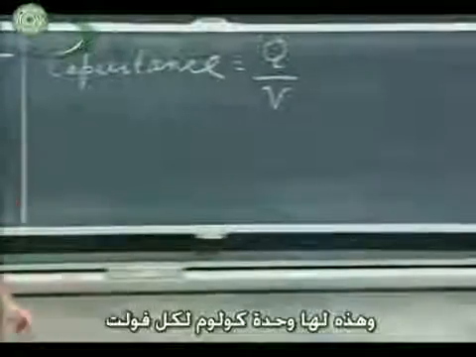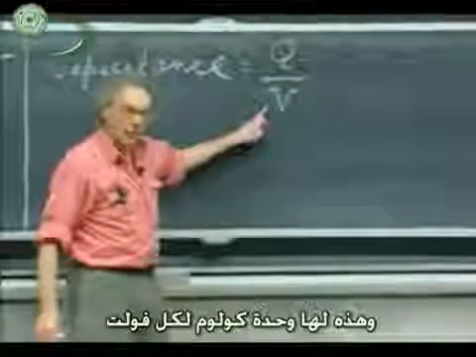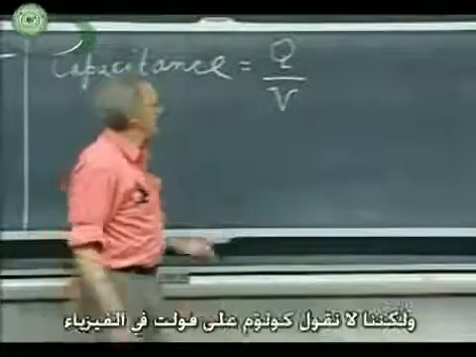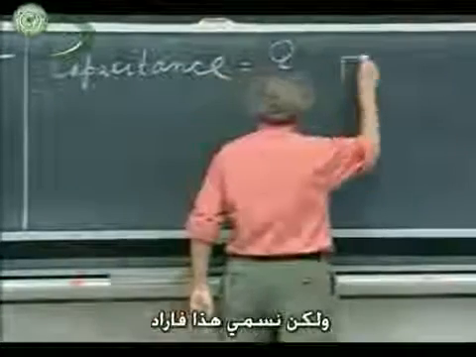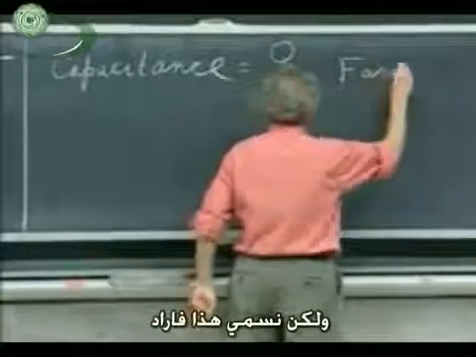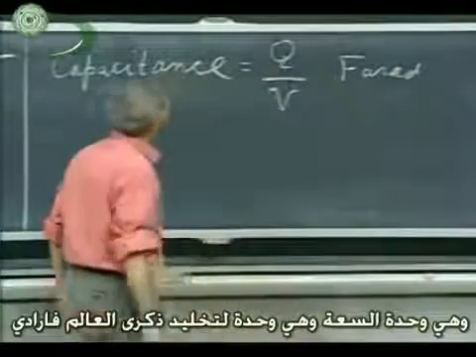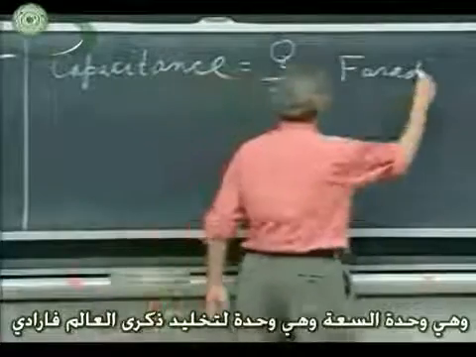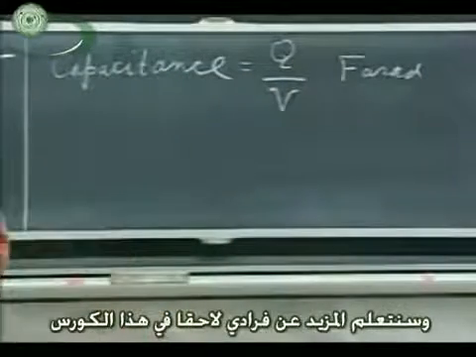And so the unit is coulombs per volt. This V is volt now, it's potential. But we never say coulomb per volt in physics. We write for that a capital F, which is farad. We call 1 farad the unit of capacitance, undoubtedly called after the great maestro Faraday. We will learn more about Faraday later in this course.